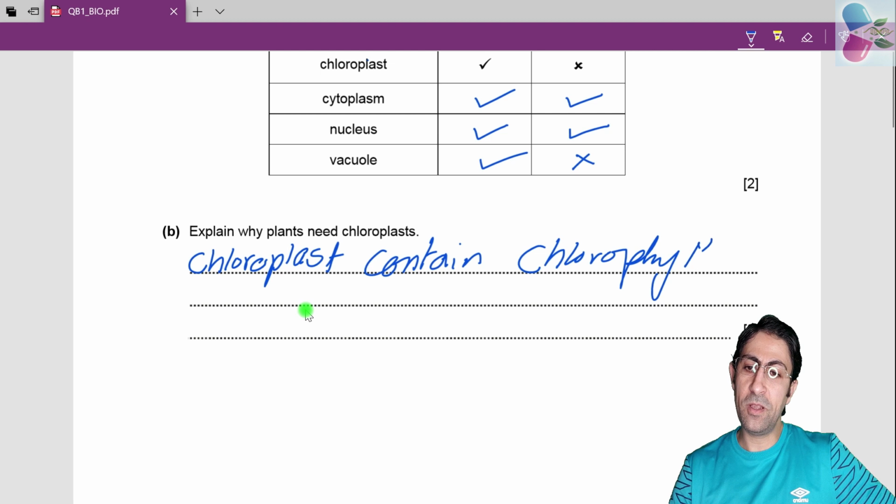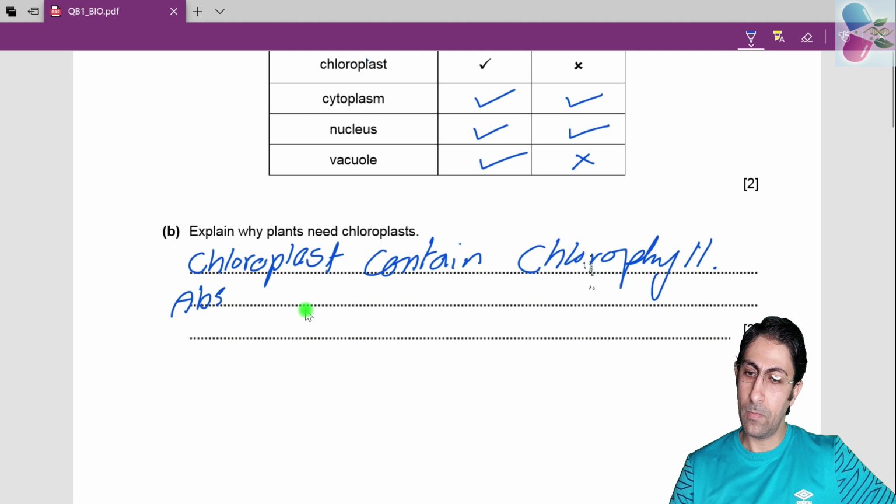Chlorophyll is a photosynthetic pigment needed for capturing, absorbing, trapping the light energy. So it will absorb light, trap light, in order to make photosynthesis, for photosynthesis.